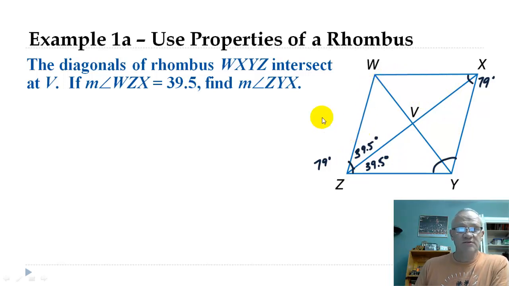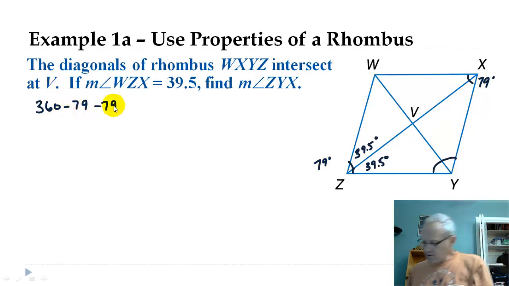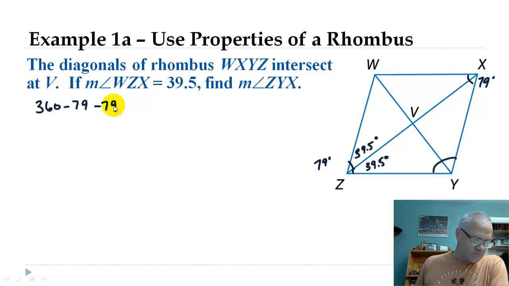There's 360 degrees. So I can take the total of 360 degrees and take away that 79 and take away that 79. So 360 minus 79, minus 79. Let's see what we got there. What that equals is 202.